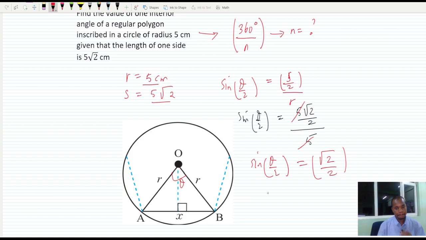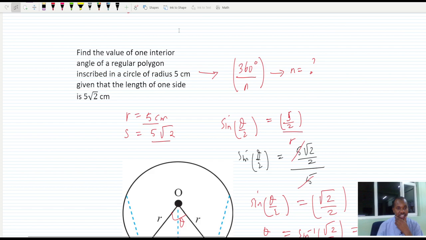With this, we need to find the acute angle corresponding to theta over 2. Theta over 2 will be sine inverse of root 2 over 2, which gives 45 degrees. So theta, the interior angle, will be 45 times 2, and you get 90 degrees.